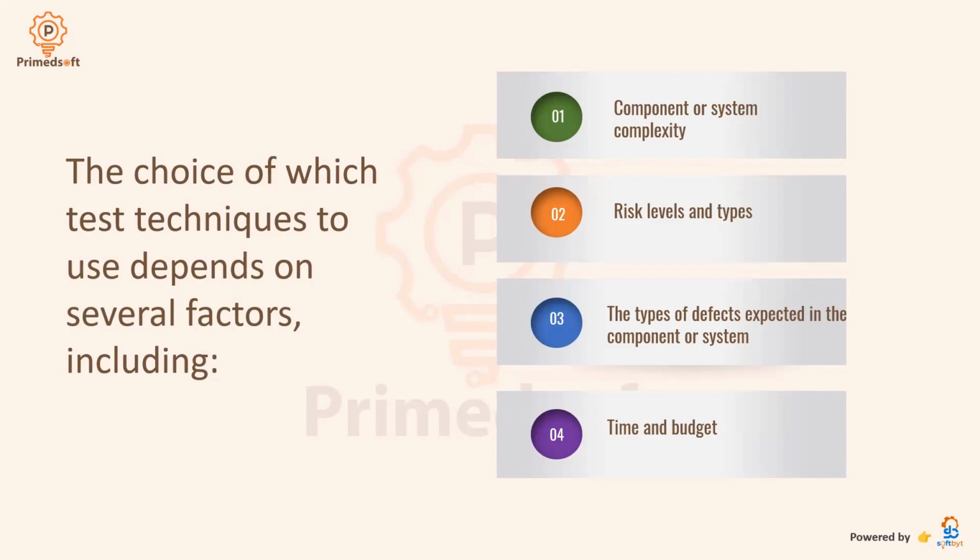You have to look at how complex the system you are testing is, right? That will enable you to identify and say, okay, this test technique would suit this component better, and this other test technique would suit the other components or functionality better.